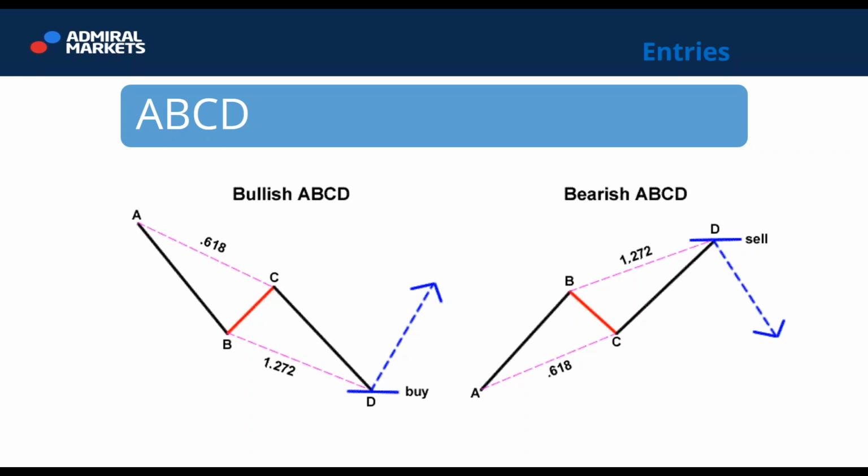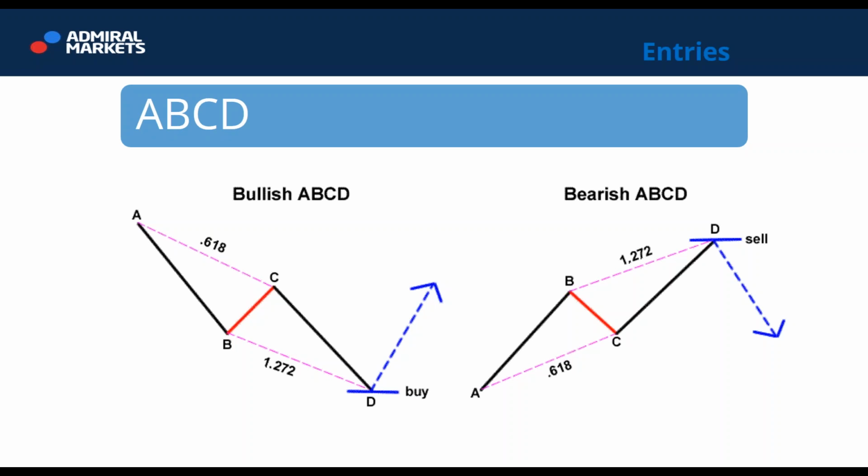So classic ABCD is 61 to 78, but I can afford, and in my teaching, everything that is higher than 61.8 is good, okay? Everything that is higher around 120, above 127.2 is good. I don't personally pay attention if it's strictly 78.6 or something. For me, it's important that it's higher than 61.8, okay, and higher than this.